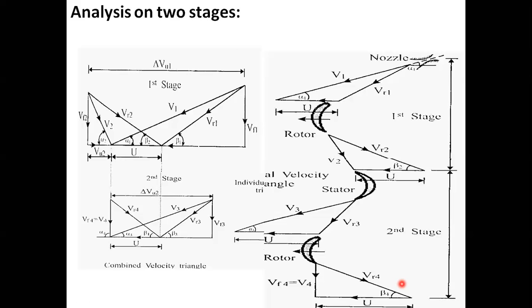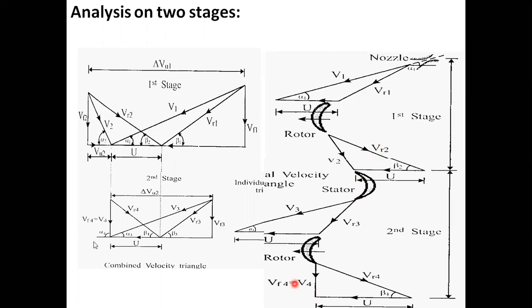In the stator, inlet velocity V2, outlet velocity V3. Rotor, inlet velocity VR3, relative velocity, and outlet velocity V4. Means rotor inlet and outlet velocities are relative velocities, and in the stator, inlet and outlet velocities are absolute velocities. Remember this.